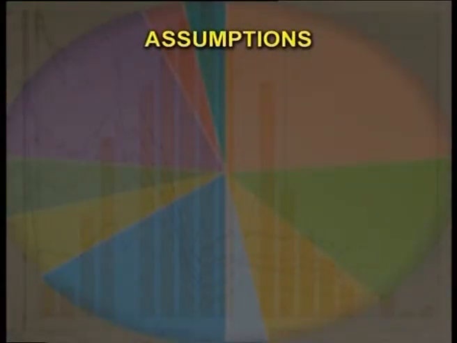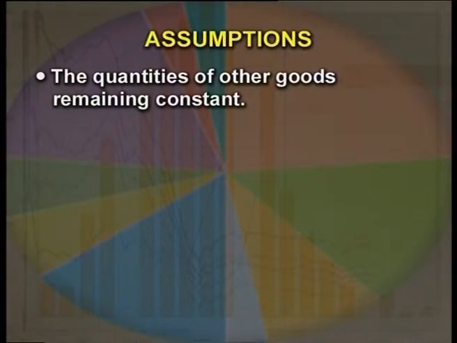But the assumptions are very important here to understand. The first assumption that comes out of this is that we are assuming that the quantities of other goods are remaining constant. So, that is a very, very important assumption.